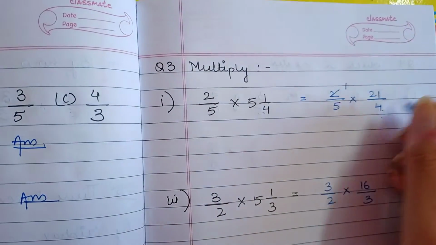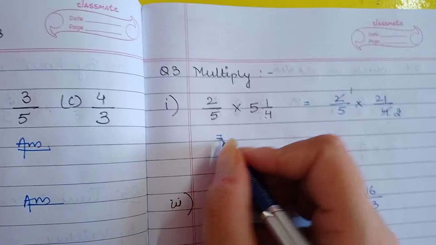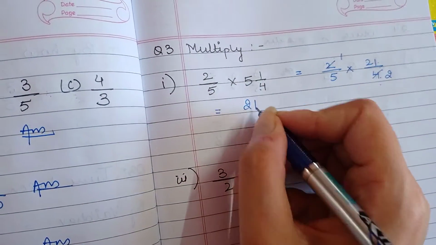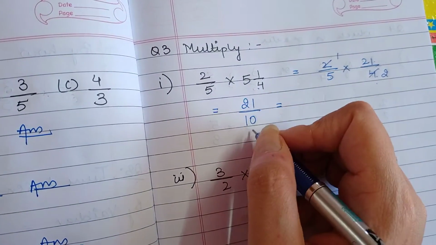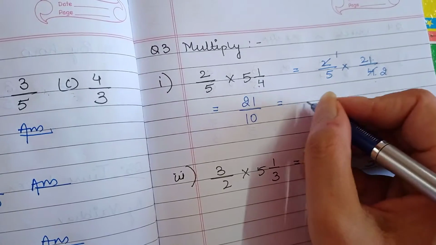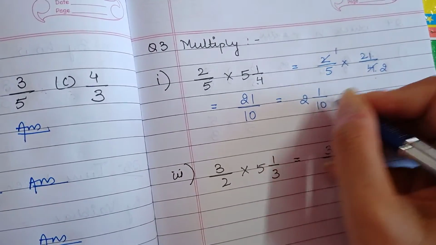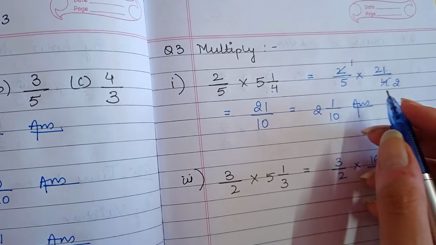Yes, we can cut. 2 ones are 2. 2 2s are 4. Now we cannot cut it further. We cannot reduce. We'll multiply. 21 ones are 21. 5 2s are 10. Again it is coming as an improper fraction. Write it as your mixed form. 10 2s are 20. 1 remainder. So this is your answer. 2 whole 1 upon 10.